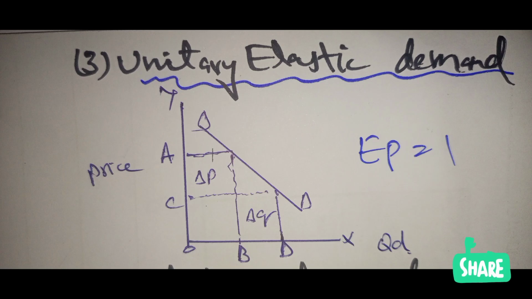But in unitary elastic demand, when the quantity demanded of a good changes by exactly the same percentage as the change in price, the demand is said to have a unitary elasticity.